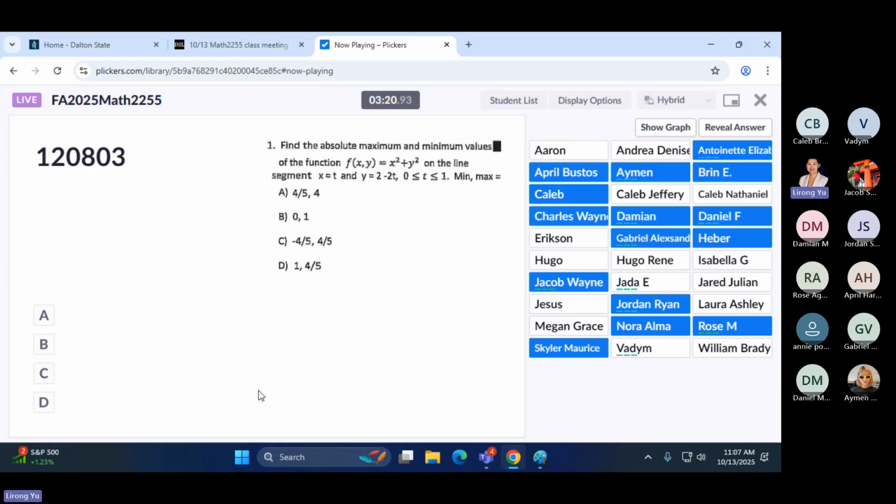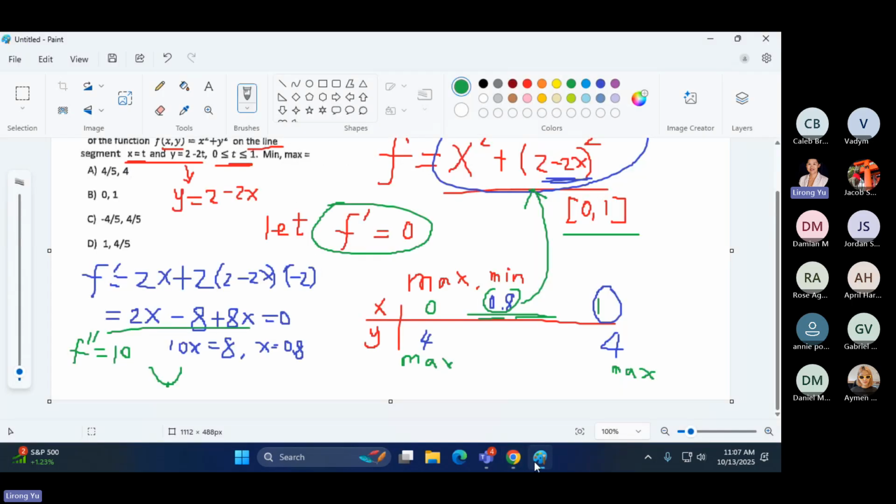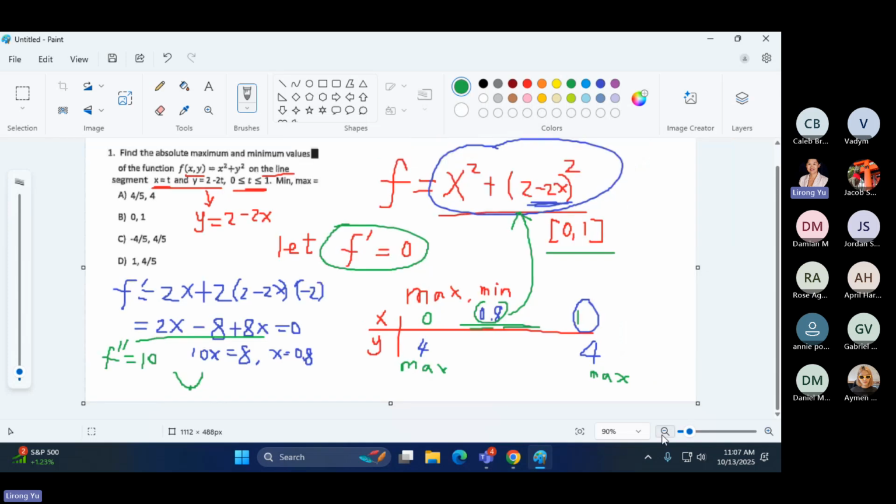I'm sorry, that's not right. It should be 4, and let me try to make this fit. I think the scanner probably picked up the wrong one.